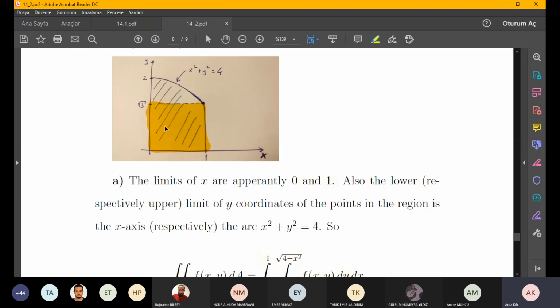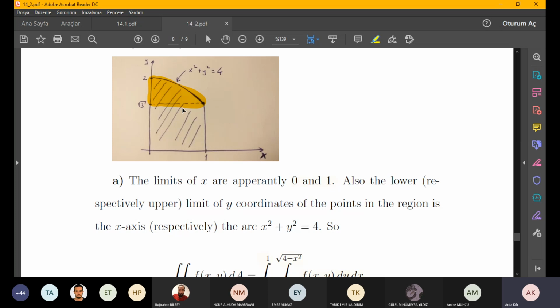And after that, okay, I will clean this, we have to define the integral of f(x,y) over that region, the one that I shade now.